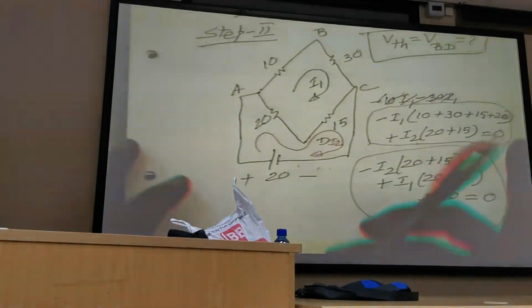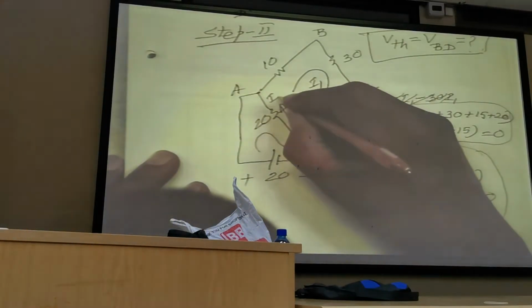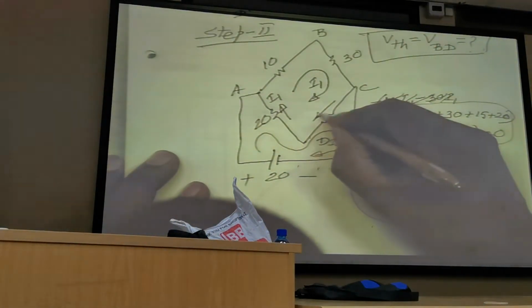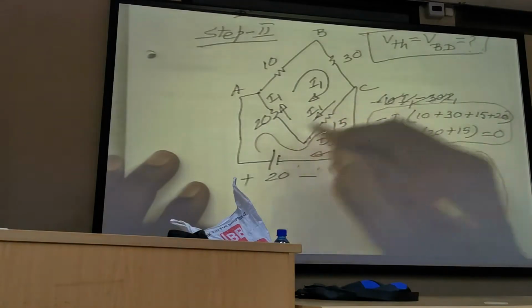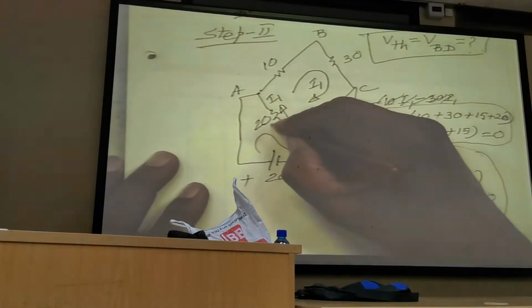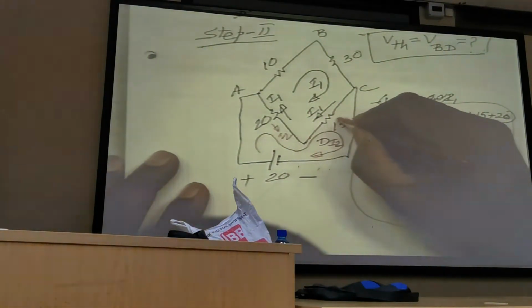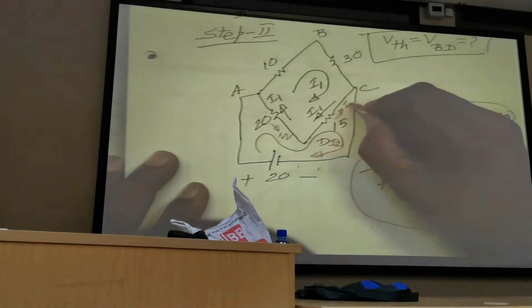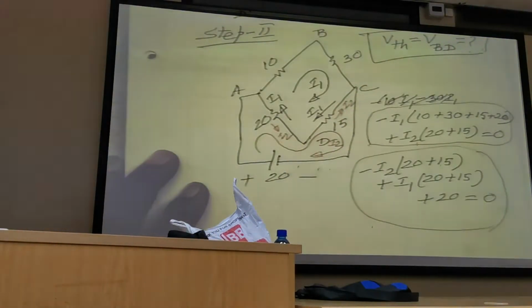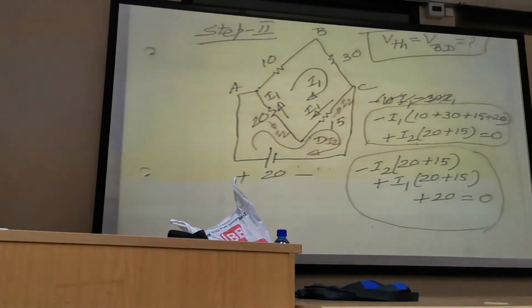For this one, I1 is here; for that one, you have I2 here, and you have I2 here as well. Clear? Yes, sir. Is it clear now? Yes, sir.